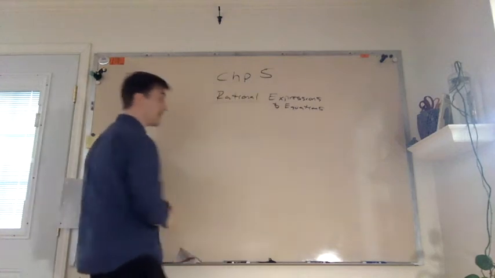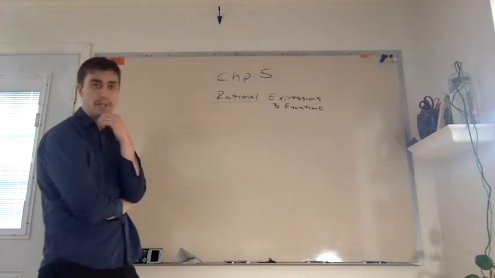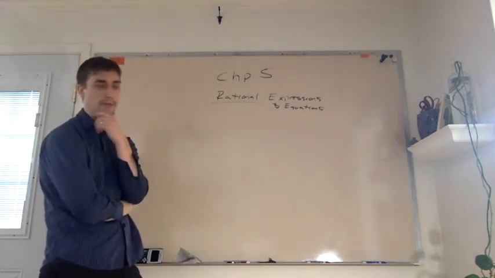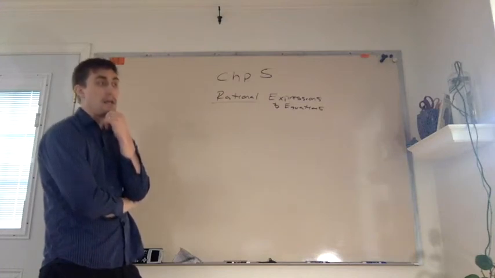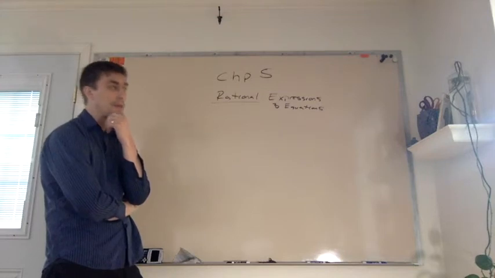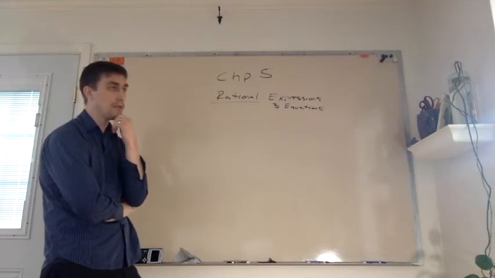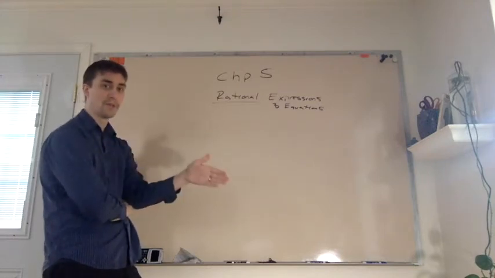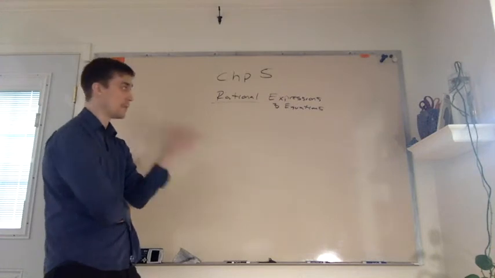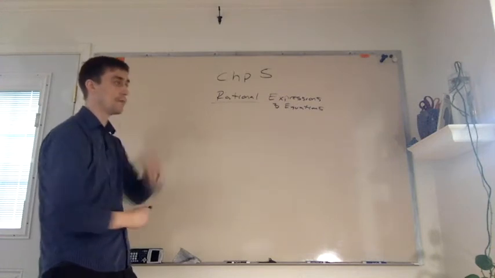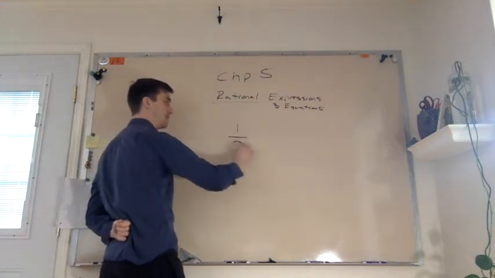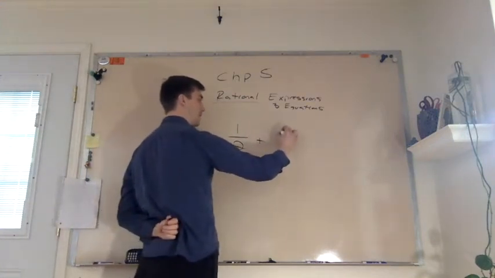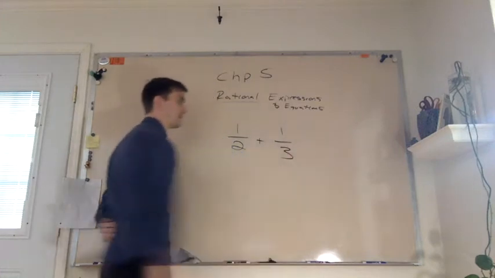What's coming up next is addition and subtraction of rational expressions, which I think is just objectively harder. And I've got some things from pre-algebra that you really should practice again that I think will make it easier. So I want to run through those really quick. Just to refresh your memory, fraction addition is something like this.